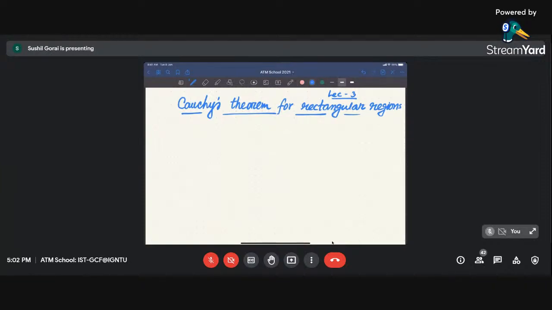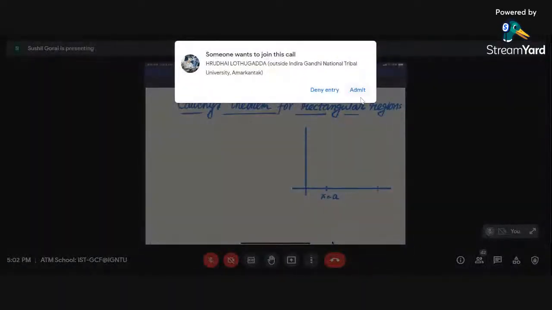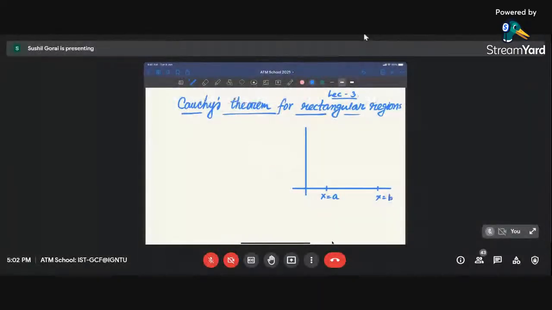So a rectangular region, as we understand, let's say a rectangular region. I'll consider the rectangular region in this form. Let's say this is x equal to a, and this is x equal to b, and let's say y equal to c, and y equal to d.